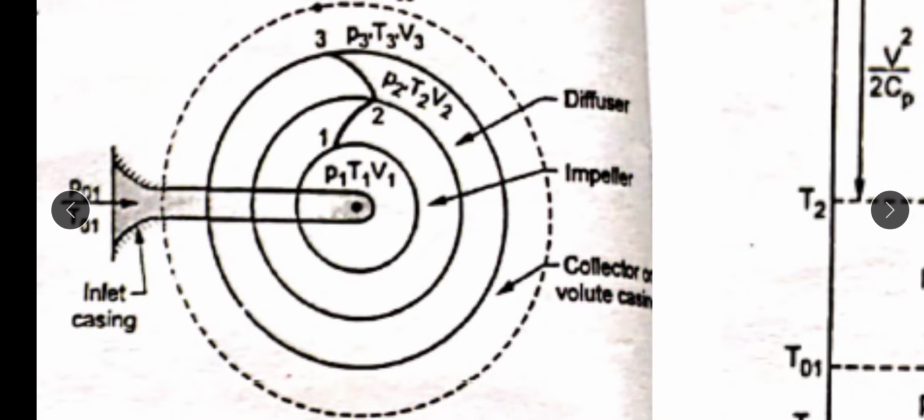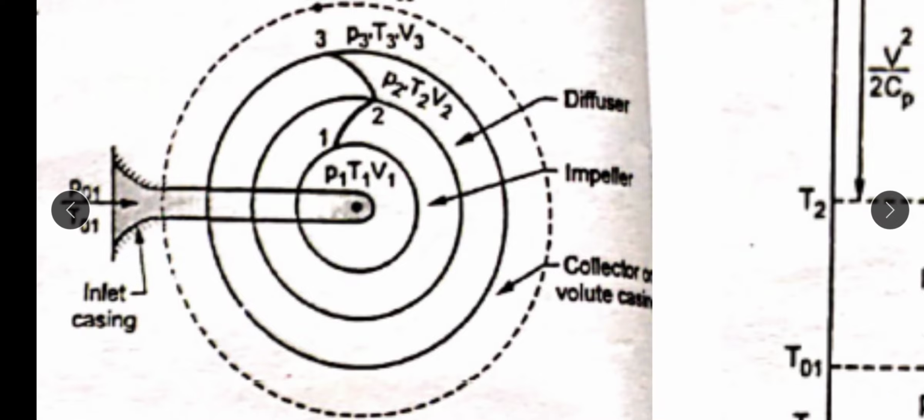Then that air is passed through the diffuser vanes, and due to the sudden increase in area at the diffuser, the air pressure again increases. Some of you may ask why pressure increases with increasing area, because it is a compressible fluid.